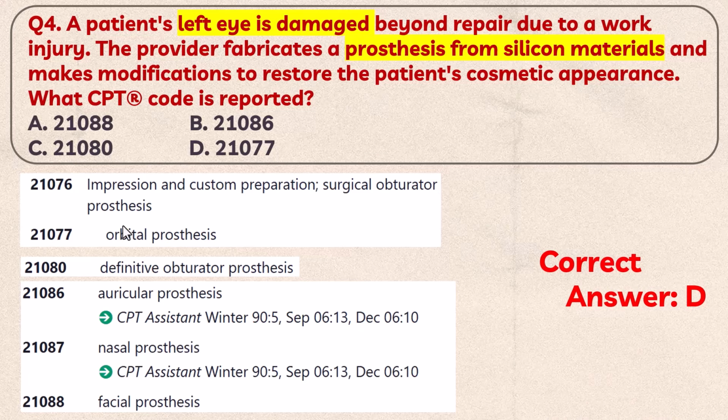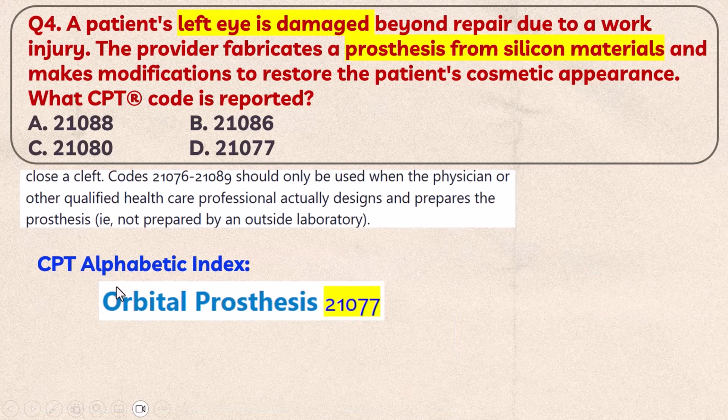If you encounter this case in a real working world, you have to use the alphabetic index. In the alphabetic index, you have to search for the term orbital prosthesis. It will lead you to this code. If you search with the main term prosthesis, then you have to search for the subterms, but it will be a little bit difficult. Here I have to highlight another thing.